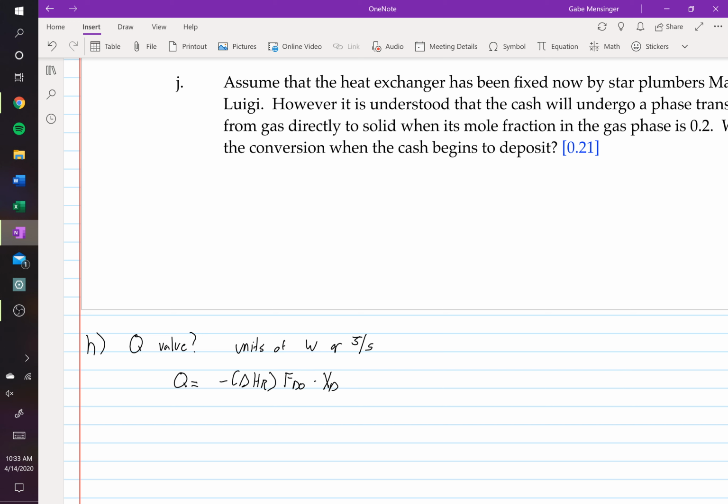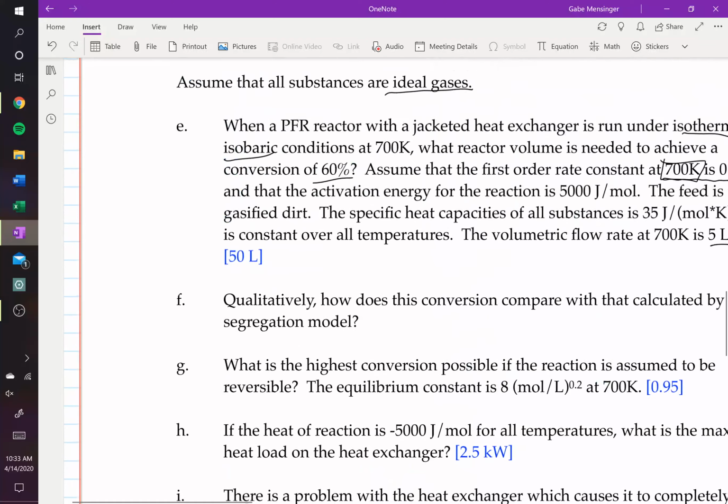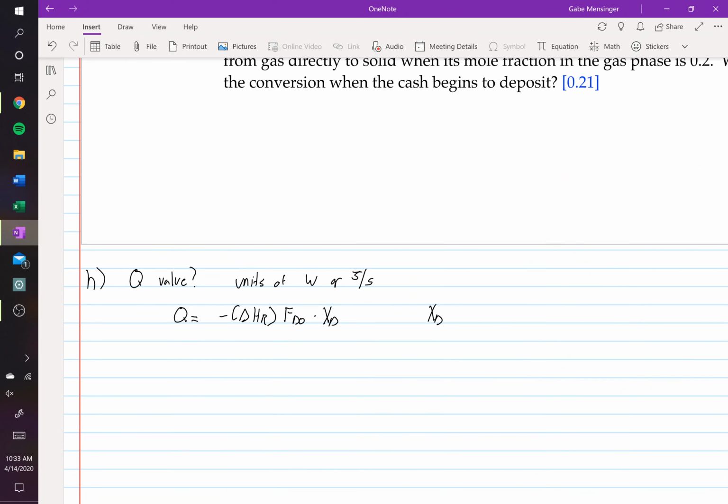And the amount of energy produced from the reaction is going to be equal to the amount of energy removed by the heat exchanger. Just to be clear, XD can be from either part E or part G, I believe, but I think he initially wrote it with the intention of XD equal to 60%. We go back to use irreversible conversion.